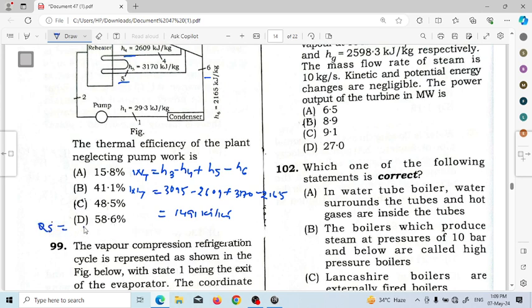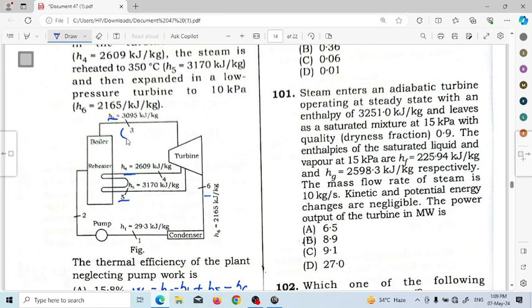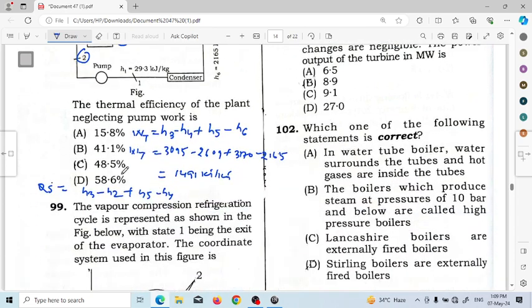And the heat supplied is H3 minus H2 plus H5 minus H4. Heat supplied is H3 minus H2, and this is reheat also, H5 minus H4. So H3 given 3095 minus H2, where H2 is equal to H1.